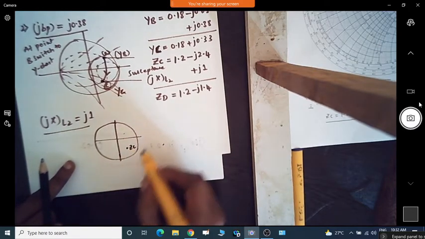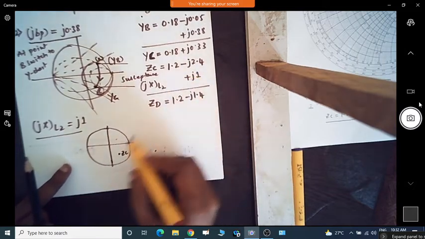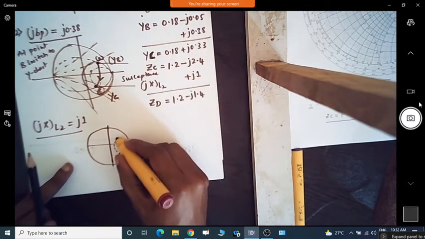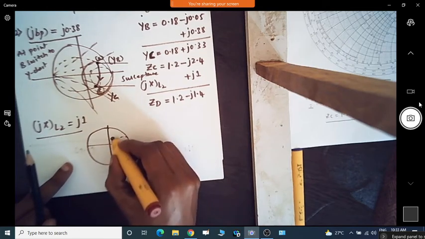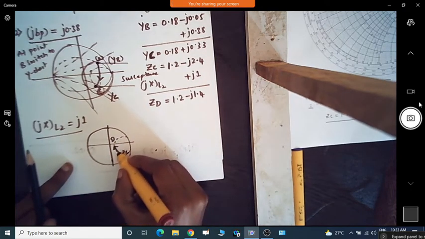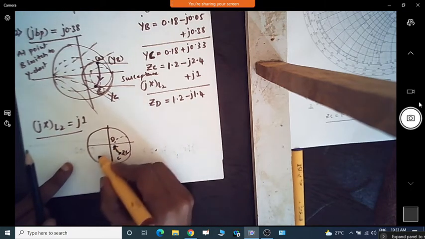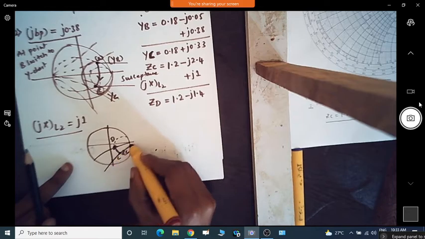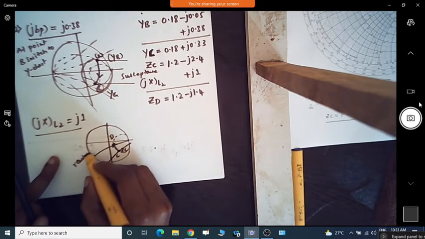Since we are adding the reactance, we need to move on the resistance circle upwards. So we are moving to the new point D. This is point C and somewhere here is point D. This much reactance we are adding, that is j1.